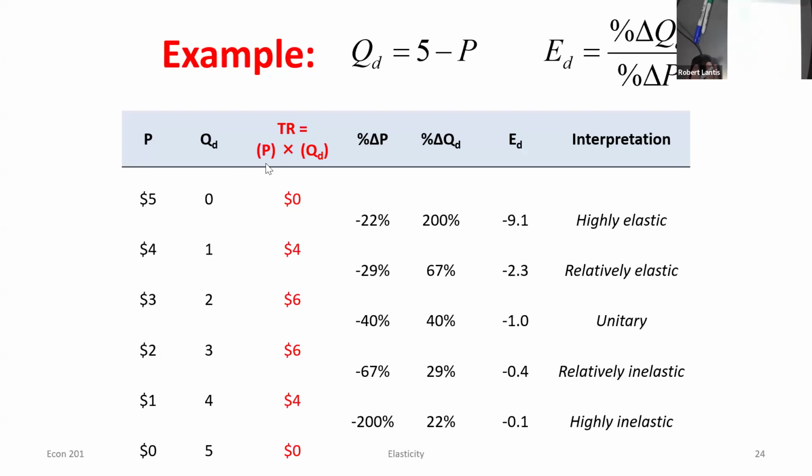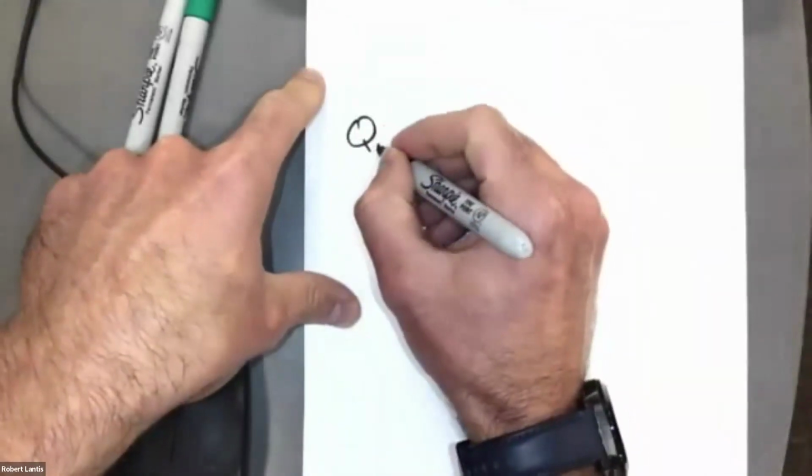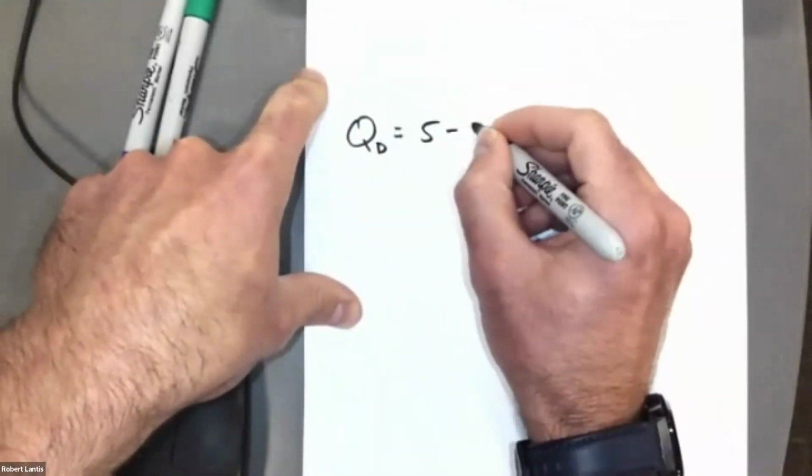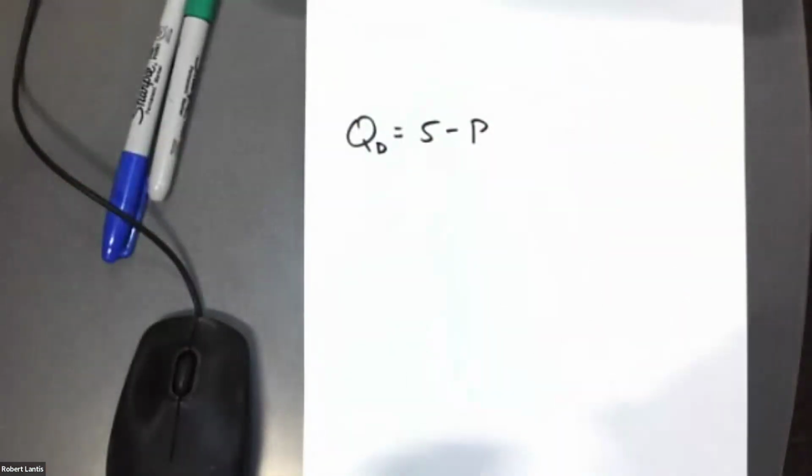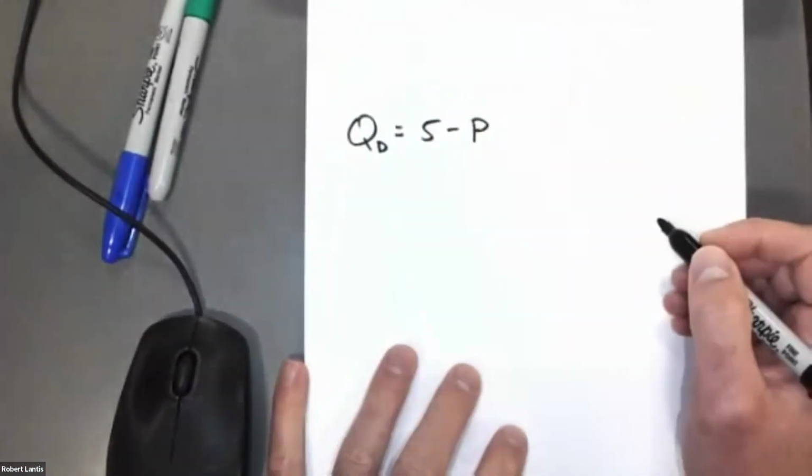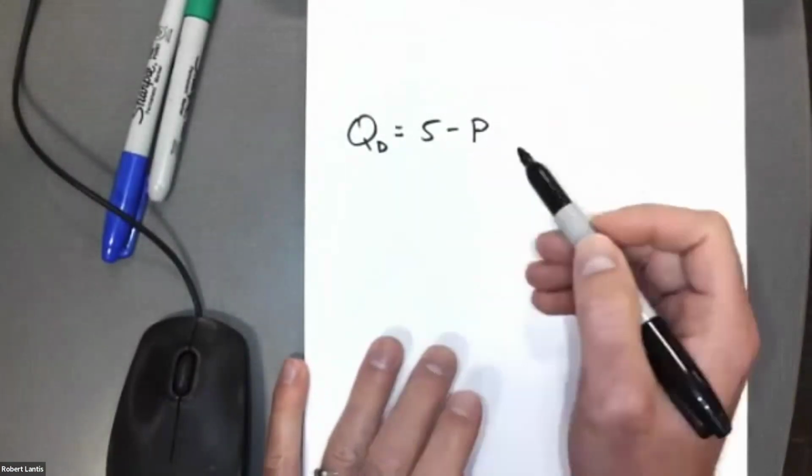Just to prove this to you, if I had a linear demand curve, right? It doesn't really matter how we do this, but let's take quantity is equal to 5 minus P. This is still a demand equation, because it's the relationship of price and quantity demanded.